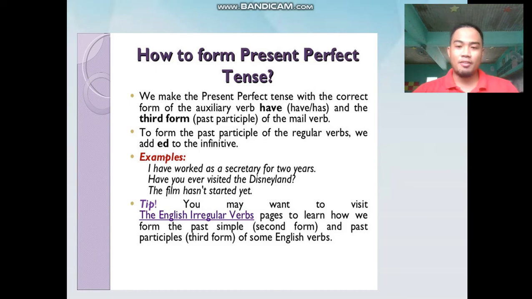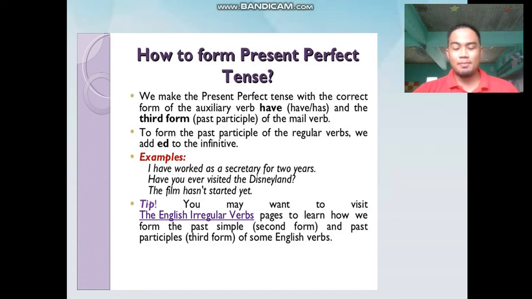Okay, so may different rules naman na da. So yung naklase ta ni sa liga, di ba? Or ang mga different rules ng verb na regular verbs o kung irregular verbs, naklase ta na. For example, I have worked as a secretary for 2 years. So what is the main verb in the sentence? It is the work.